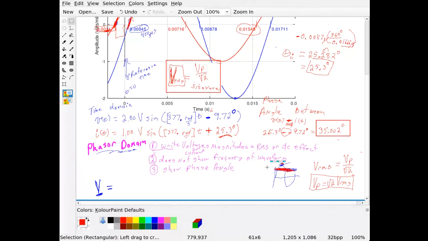flipping those like that. But like I say, if you think about this sine wave here, the way I've drawn it, the RMS value must be less than the peak value, because it's less than the peak value most of the time, right? It's only at the peak value for basically one instant of time. And so the effective value can't be more than the peak value. That just doesn't even make sense.